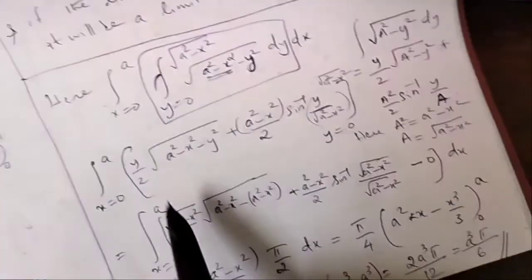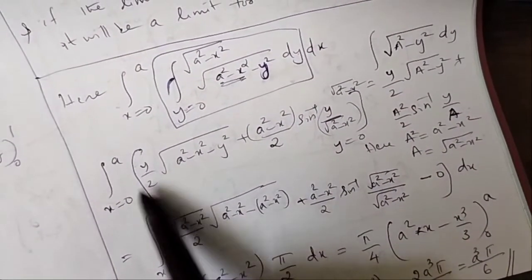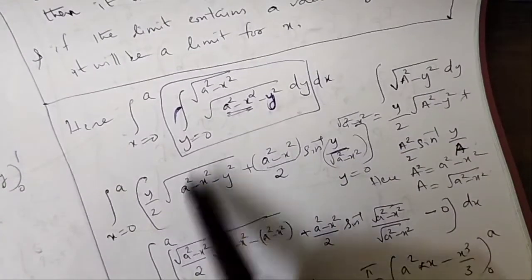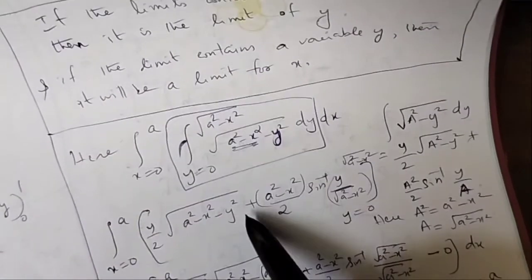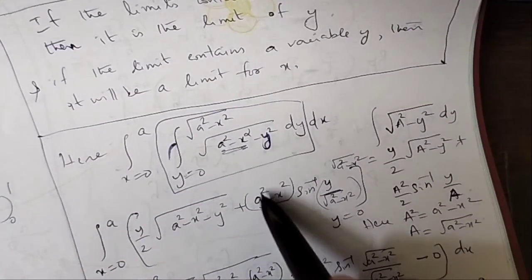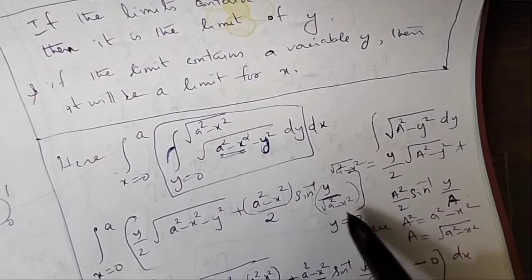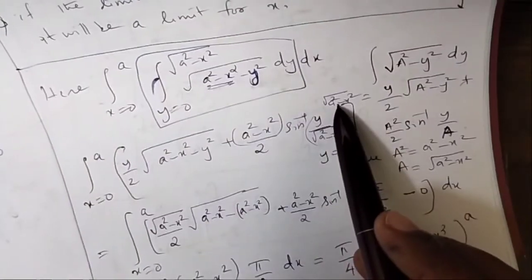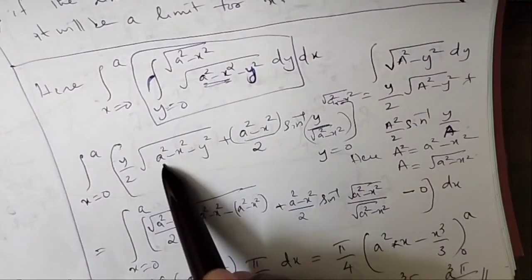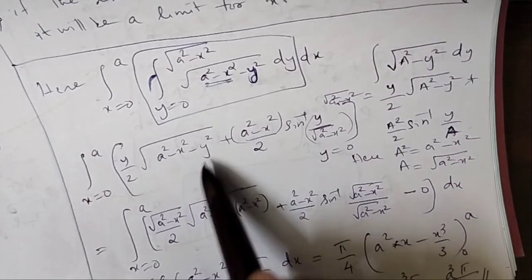So we can substitute into the formula. Y by 2 root of a square minus y square becomes y by 2 root of a square minus x square minus y square, plus a square minus x square by 2 sine inverse y by root of a square minus x square, with limit from 0 to root of a square minus x square. If you apply the upper limit, a square minus x square minus y square will be 0.